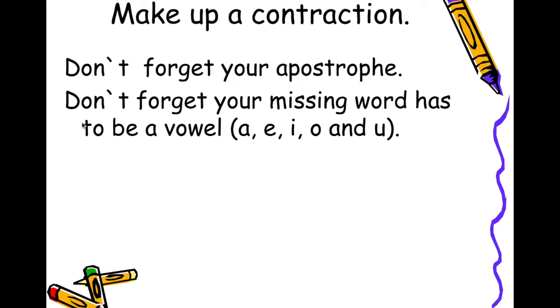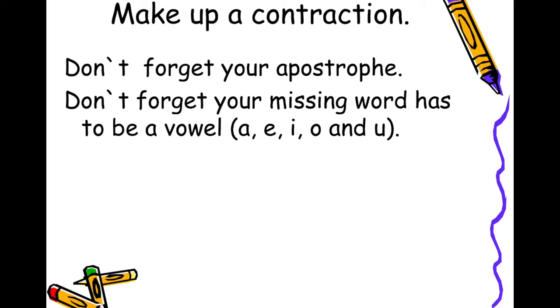Second thing you need to remember is, don't forget, your missing letter has to have a vowel. At least one vowel has to be included. Now, there are other letters that can be included, like consonants, but there has to be a vowel that's taken away.